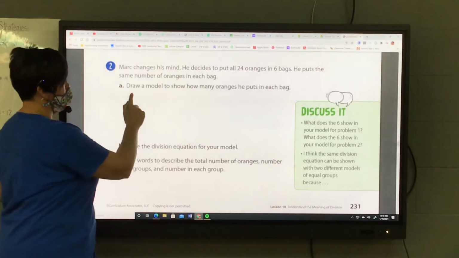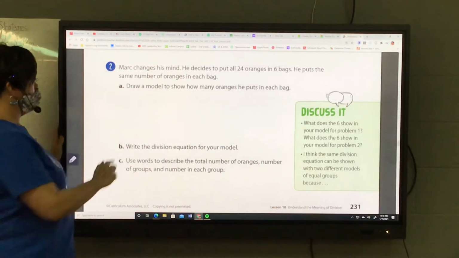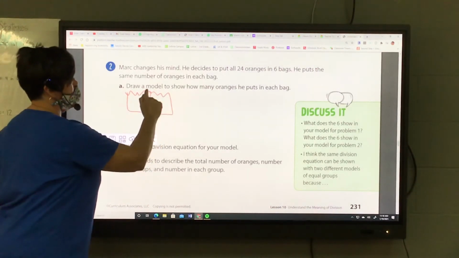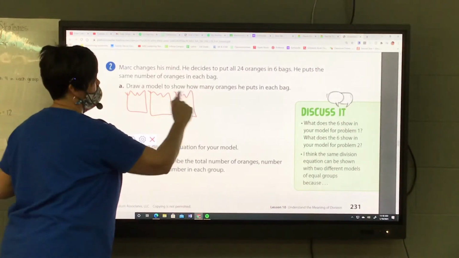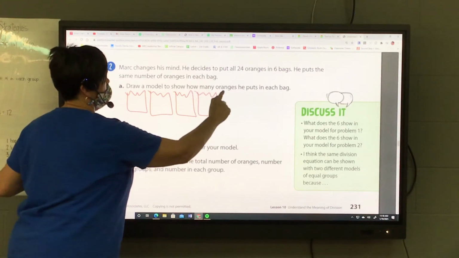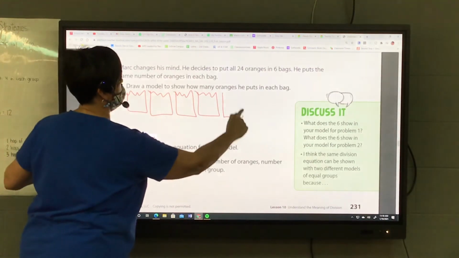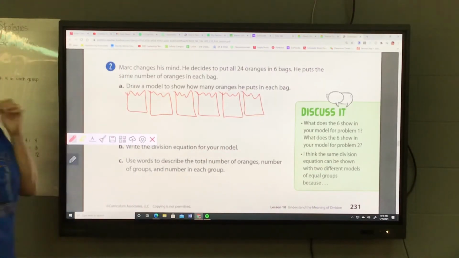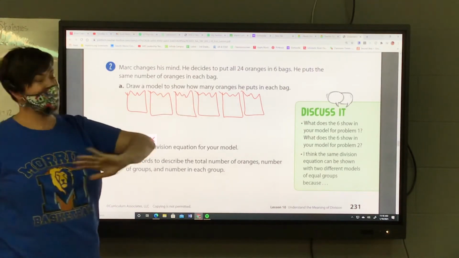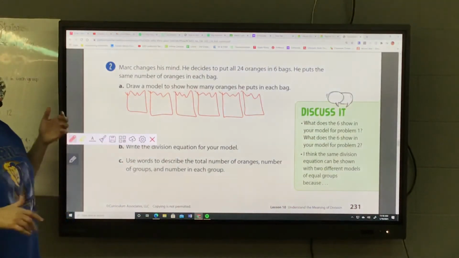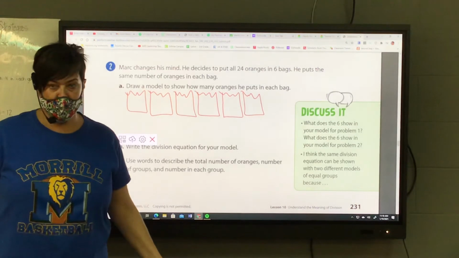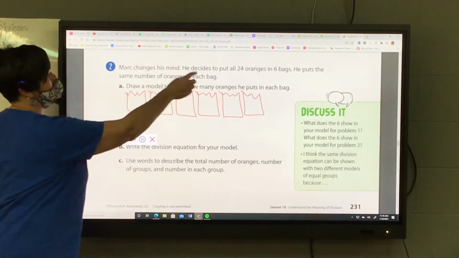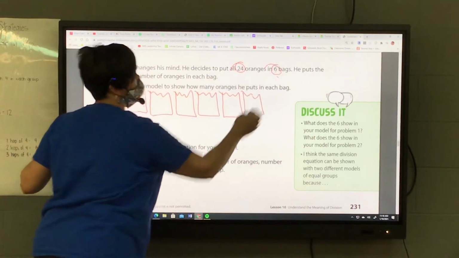So if we have Mark's 6 bags this time instead of 4 bags, how many is that? 3, 4, 5, 6. So now Mark has 6 bags, but friends, did his number of oranges change? No. So he still has 24 oranges, 6 bags.